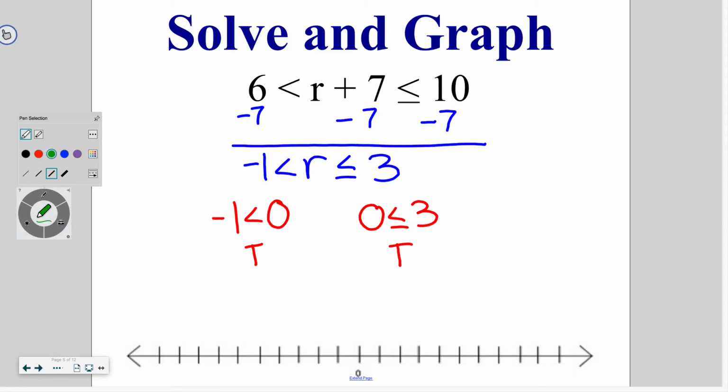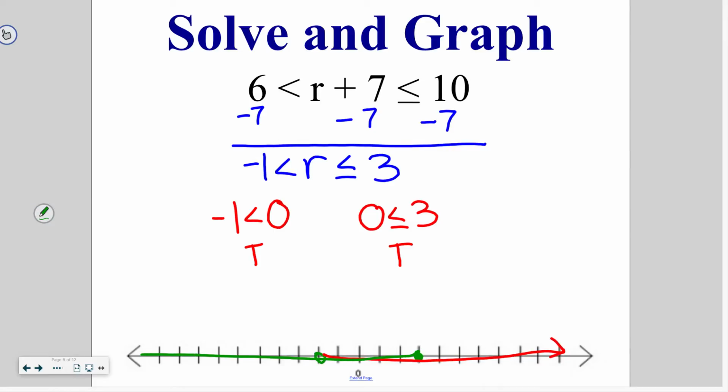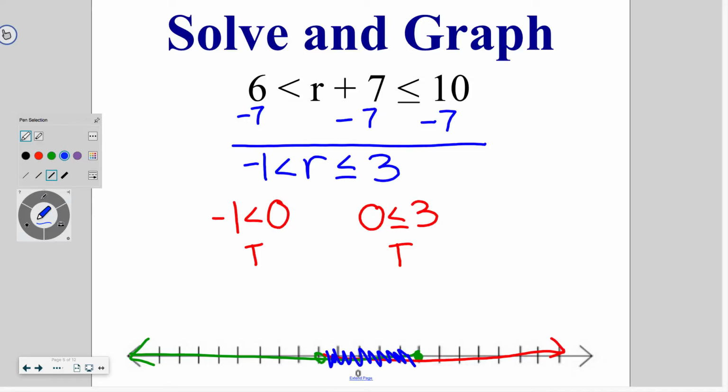So when I put my -1 as an open dot and 3 as a filled in dot, I've got my arrow out of -1 going to the right, my arrow out of 3 going to the left, because we want both of them to go over 0. So that intersect part is the part where they overlap.